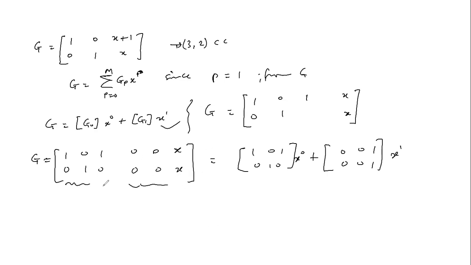Hence, we have G to be the same as 1, 0, 1, 0, 0, 1, 0, 0, 1, and 0, 1, 0, 0, 0, 1, 0, 0, 1.